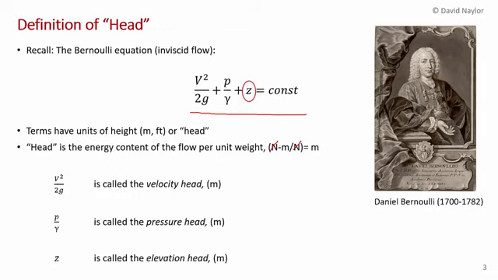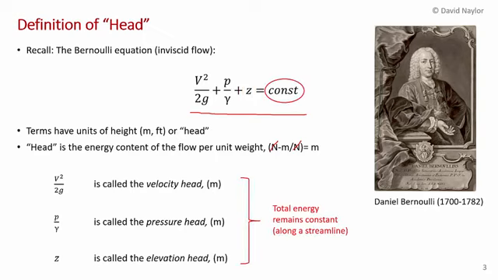Per unit weight, we call it elevation head, or just head. Now in a Bernoulli flow, the kinetic energy plus the pressure energy plus the potential energy all add up to a constant along a streamline. Remember, Bernoulli's equation applies to frictionless or inviscid flows, flows without any viscosity, so there's no loss. So the energy content along a streamline remains constant.